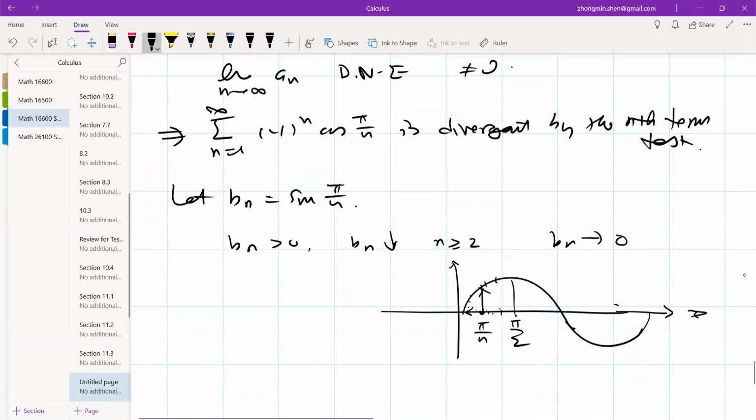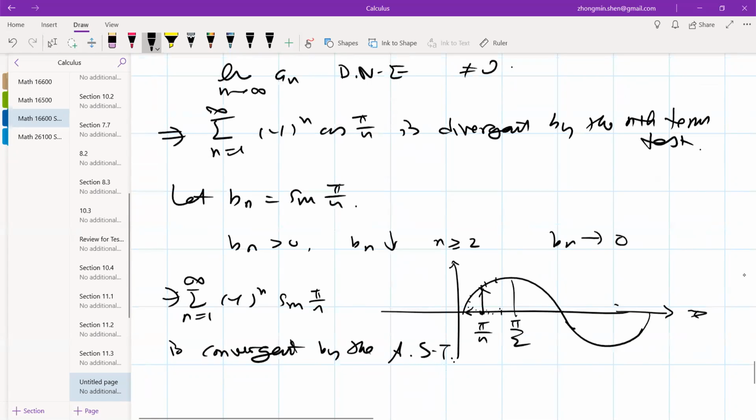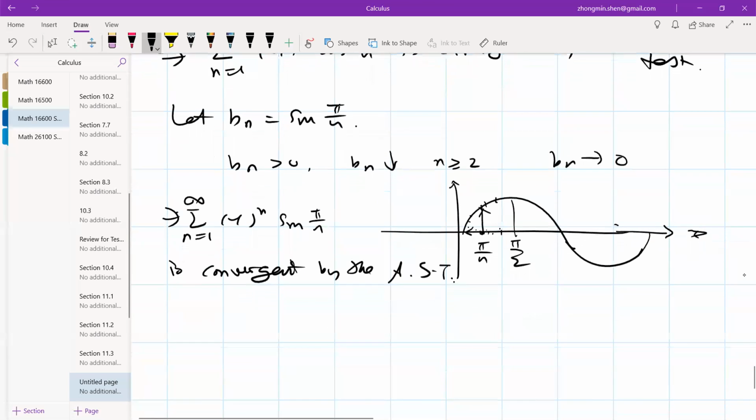So then therefore this implies it's convergent by the alternating series test. But if we remove the negative sign, it is going to be divergent. Okay, so let me put a remark here. This is still divergent.